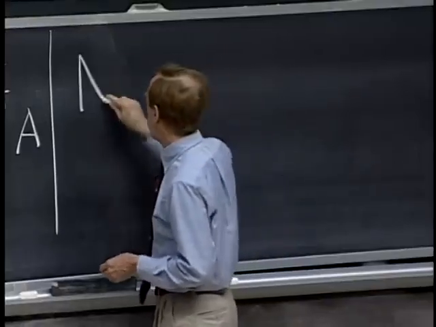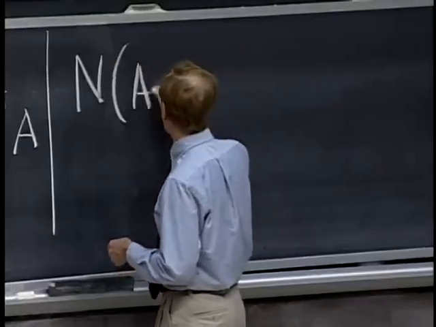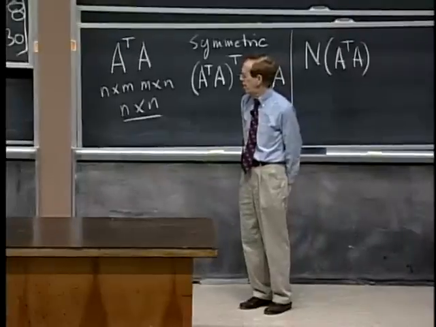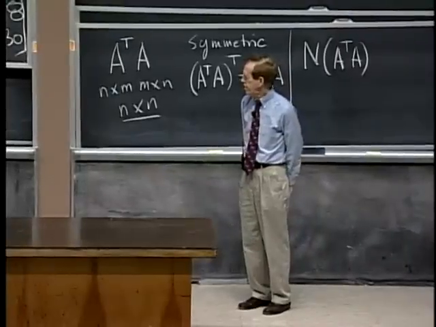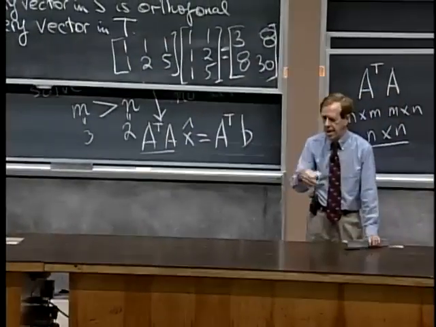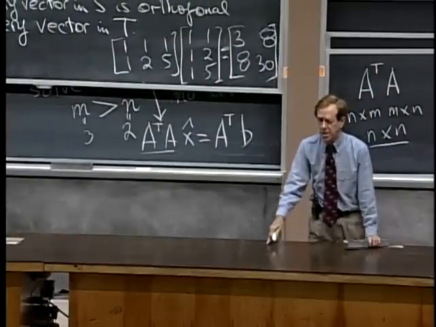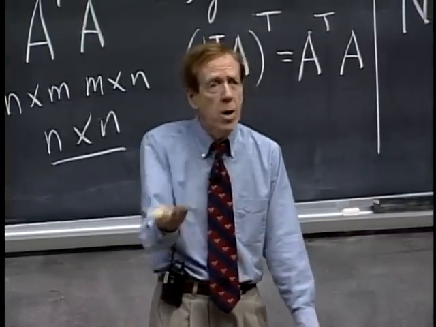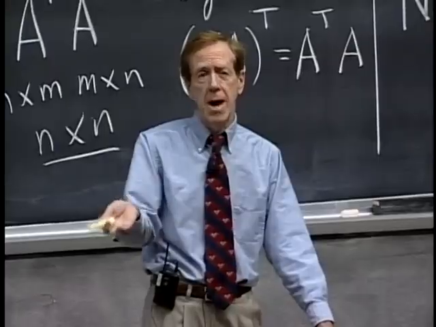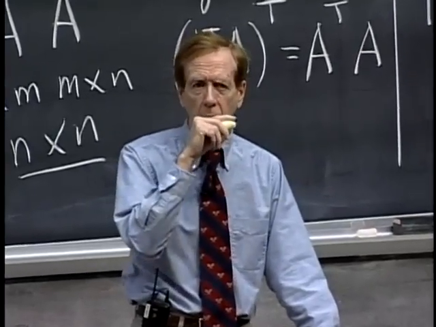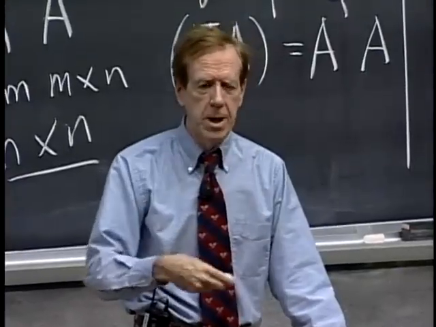A transpose A is not going to be always invertible. I can't say A transpose A is always invertible, because that's asking too much. I mean, what could the matrix A be, for example, so that A transpose A was not invertible? Well, it could even be the zero matrix.